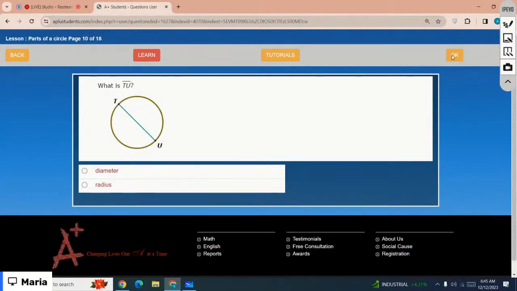What is TU? Diameter or radius? TU is the diameter of the circle. Very good.